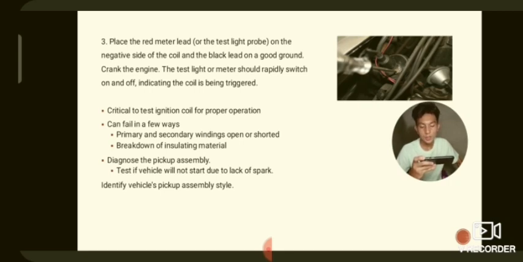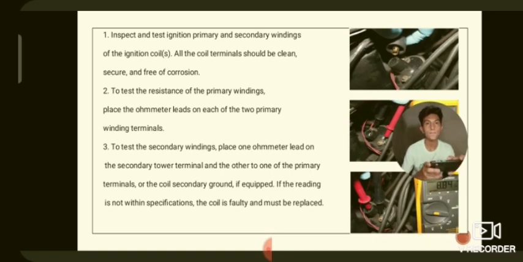Test if a vehicle is not starting due to a lack of spark. So, next. Inspect and test ignition primary and secondary winding of the ignition coils. And all the coil terminals should be clean.